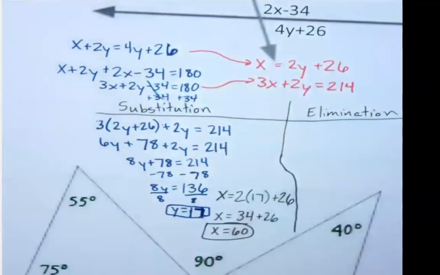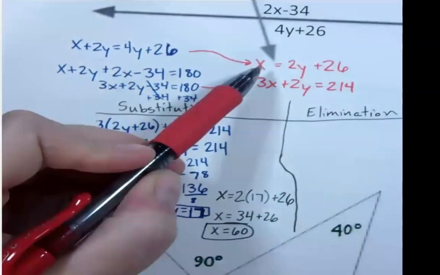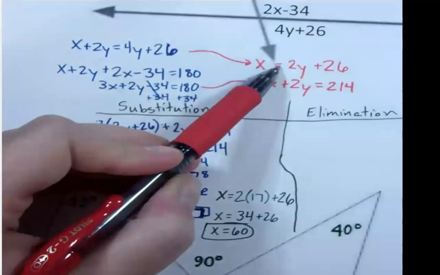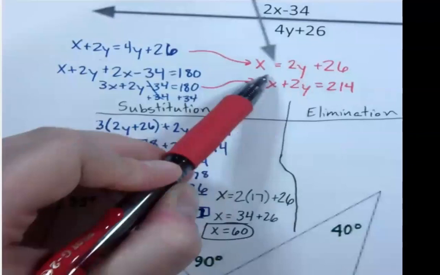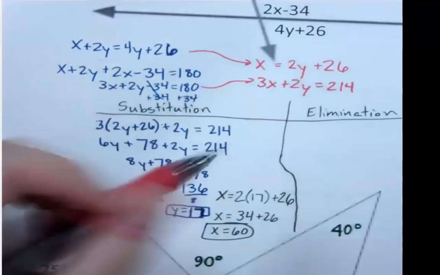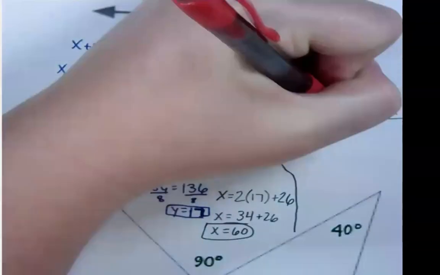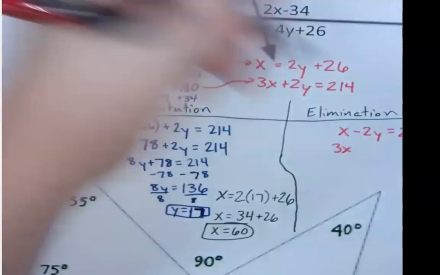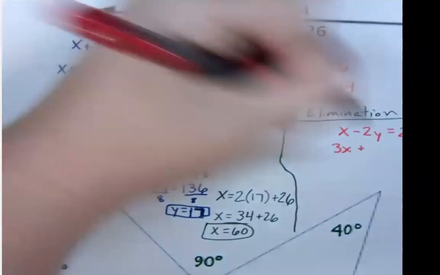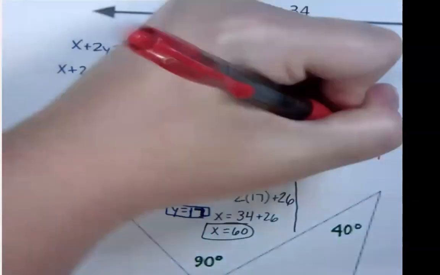Let's look at elimination. What I'm going to do for elimination is make sure all of these pieces match up. So this equal sign needs to be in the same spot as that. I need to subtract 2y on both sides, and once I do that, x minus 2y equals 26. Now the equal sign will match up with 3x plus 2y equals 214.